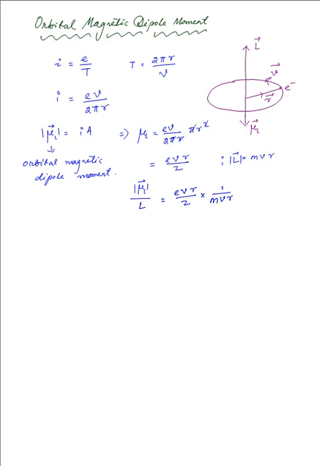So the v and the r get cancelled out, and so that is equal to e over 2m.